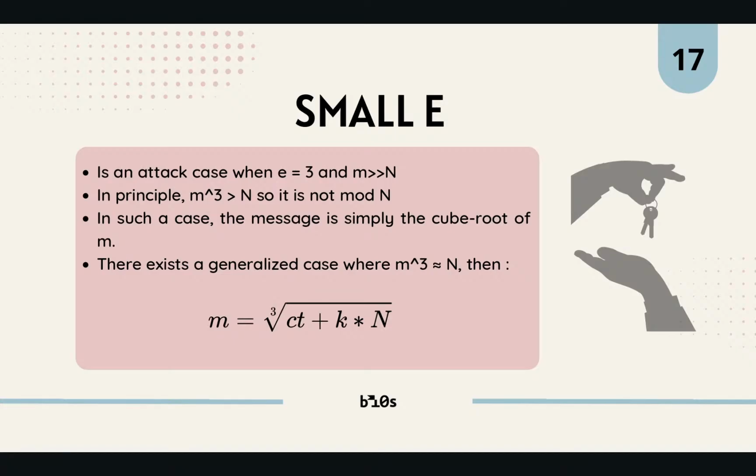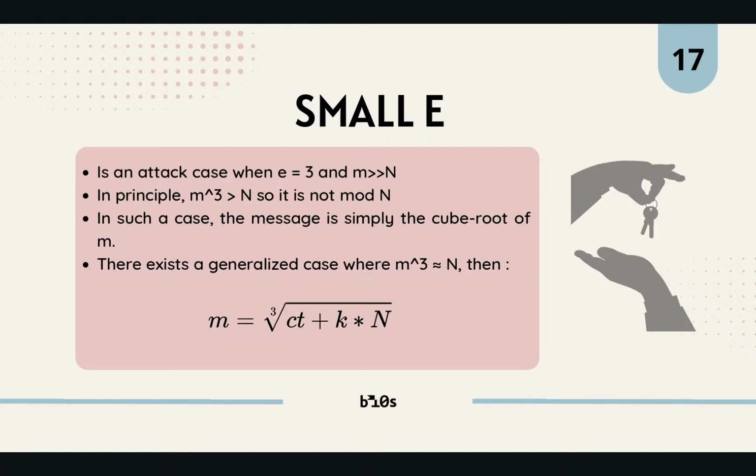We want our ciphertext to wrap around n as many times as we want. If your m is small and your e is small, in our case e equal to 3, and m raised to 3 is less than n, that would mean the modulo operation never applied on the ciphertext. So what you can do is just take the cube root. Or there's a generalized case.